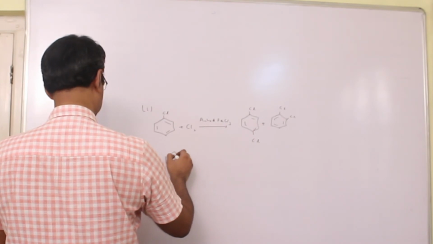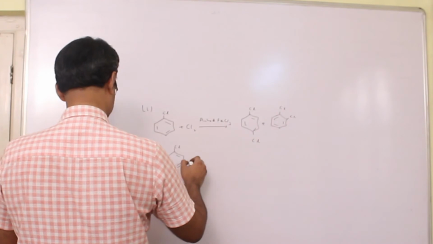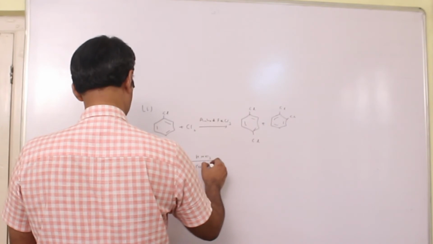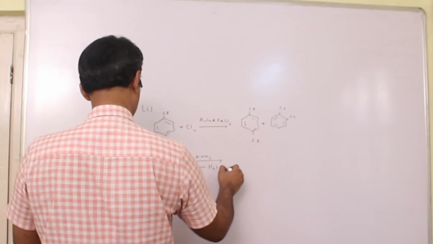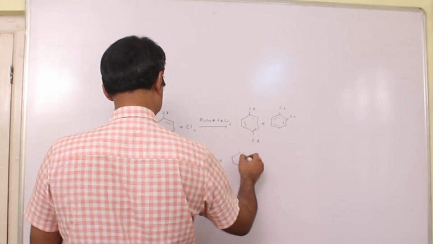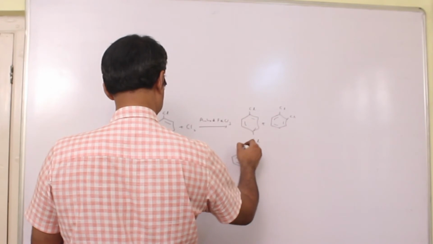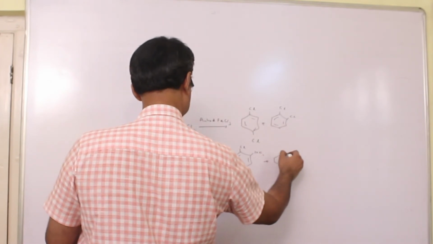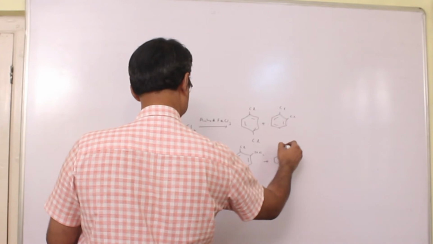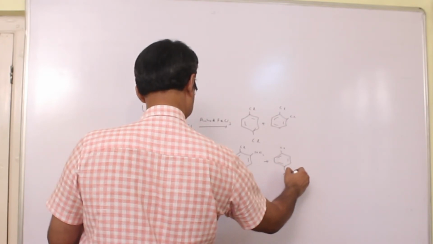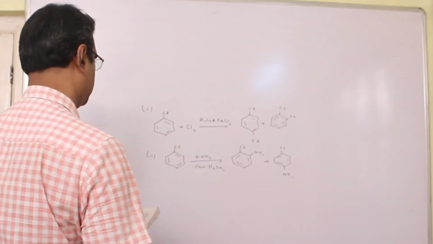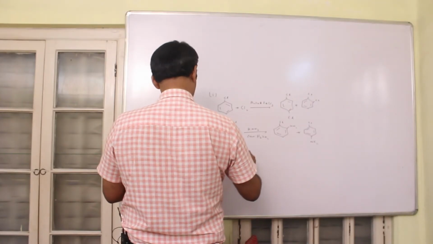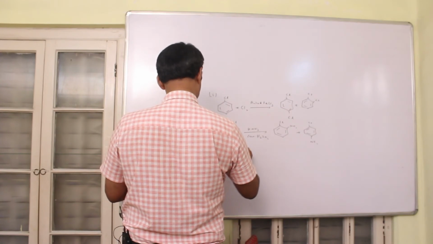Suppose we wish to perform nitration of the ring, then it can be done like this. HNO3 and concentrated H2SO4.